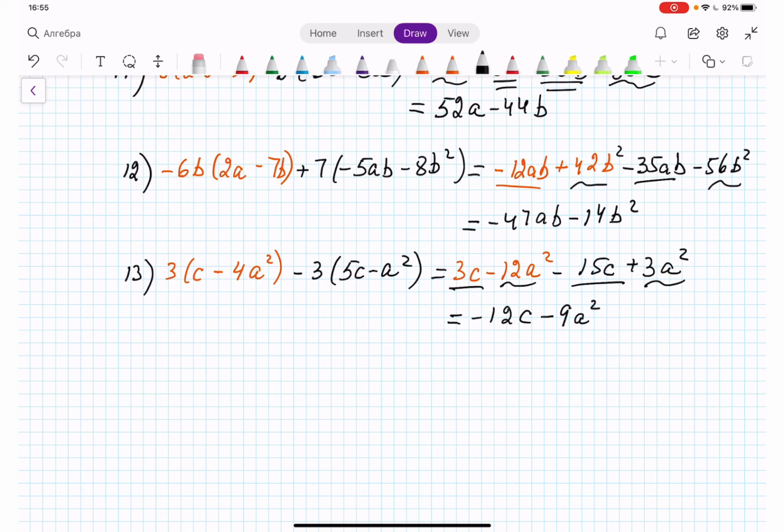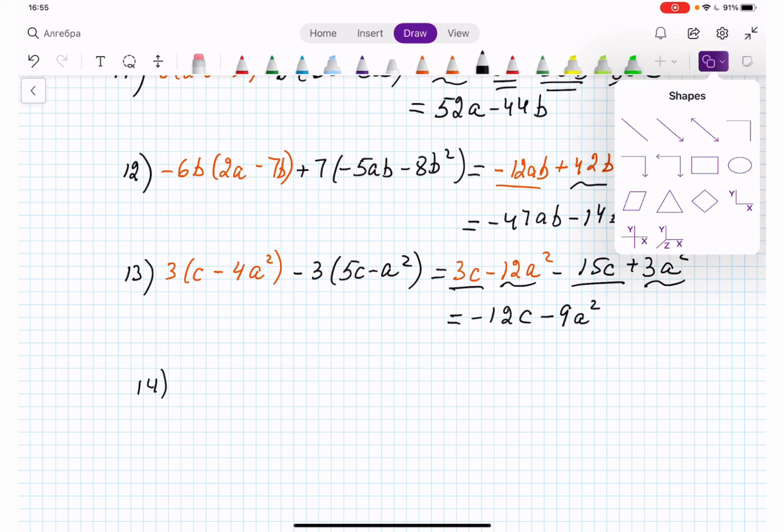And the last question, I believe, is a word problem. Let's see what we have. A rectangle is 8x minus 5 feet long and 2x plus 3 feet wide.